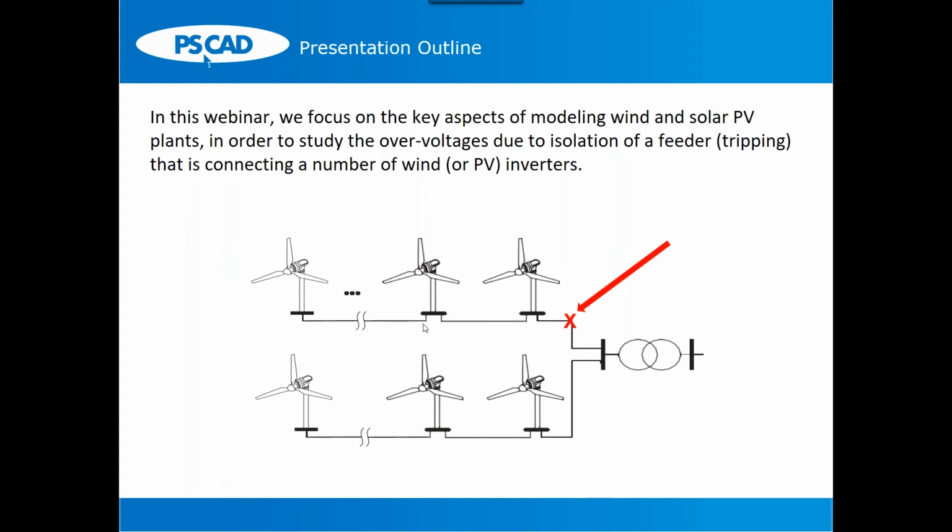When that happens, there is a possibility, the dangerous possibility, of the voltage of the isolated part of the wind farm going high for a short period of time. If you don't control that, if that violates the ratings of equipment, the temporary overvoltage withstand capability of equipment, there is a danger that you would damage equipment on the collector system.